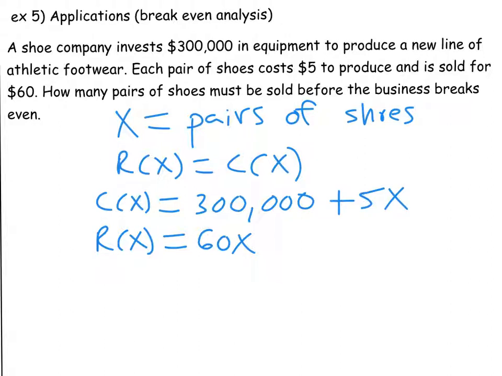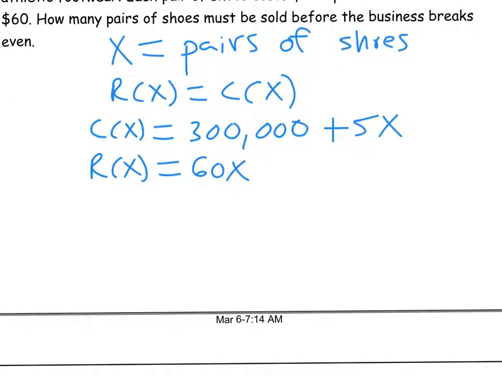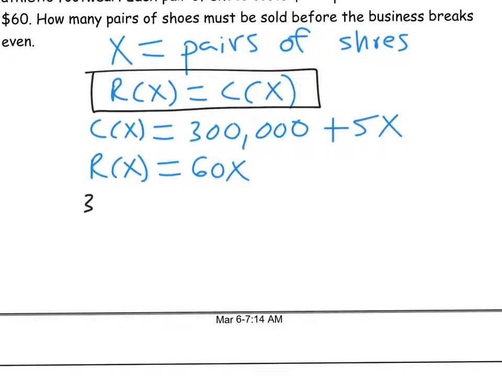Now this is kind of an interesting method to use substitution, because that's really the technique that we're using. Go back to this. I've got the revenue and the cost equation now, so I need 300,000 plus 5x set equal to 60x.